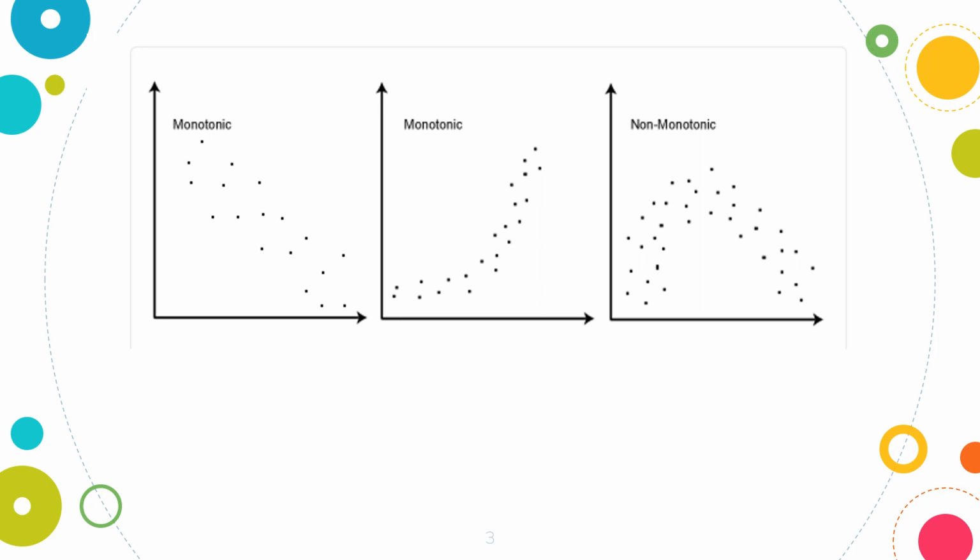A monotonic relationship class is a relationship that does one of the following. Parang same lang din sila ng Pearson. As the value of one variable increases, so does the value of the other variable. Or as the value of one variable increases, the other variable decreases.